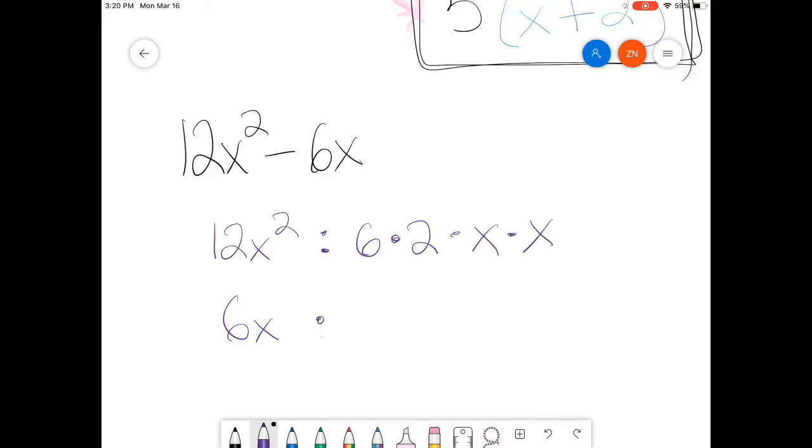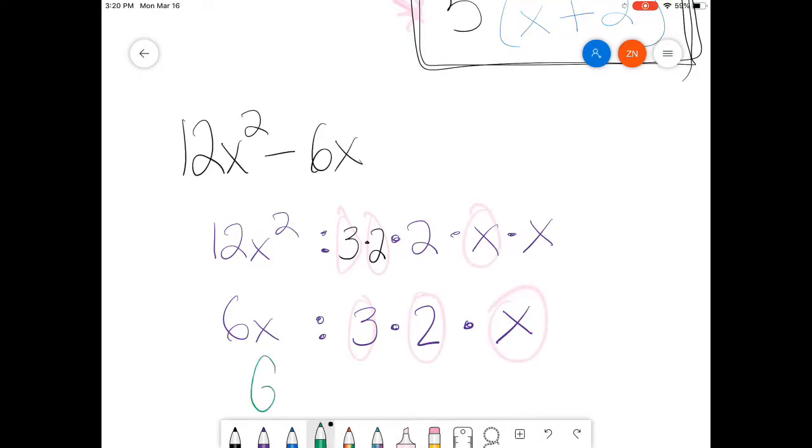If I break apart the 6, I have 3 times 2 times x. I see something else. I can break down the 6. 6 can be broken down as 3 times 2, so I'm going to change that up here to make sure it's in the most simplified form. Circle what they have in common, a 3 and a 2, as well as an x.